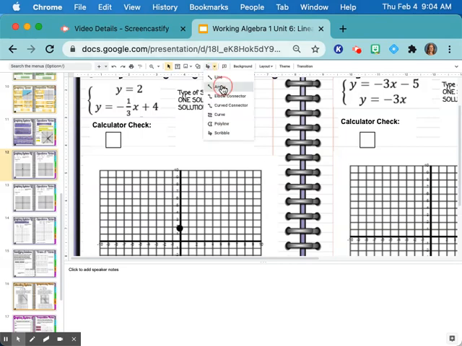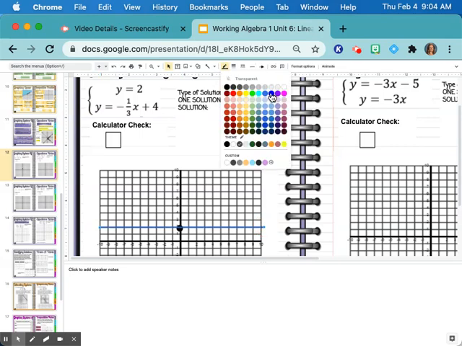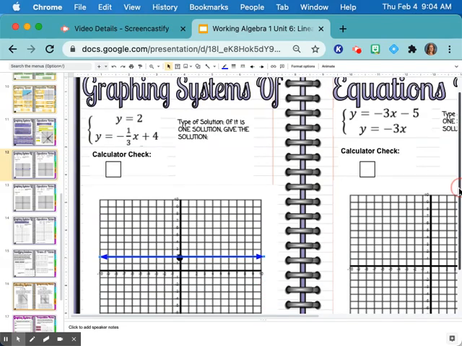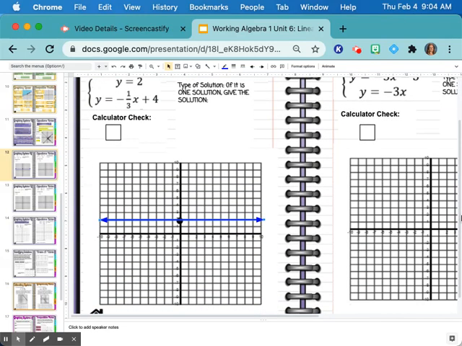I'm just going to insert a horizontal line, just draw it myself. If you would rather do this on paper, you can, and then just take a picture and upload it. You don't have to do it on the computer.